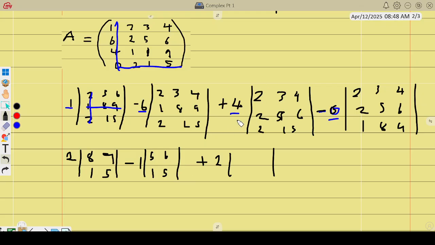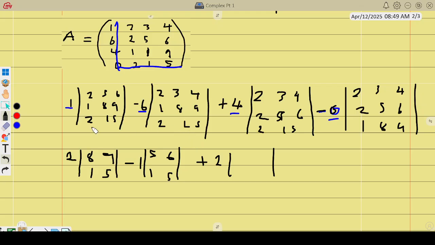Then we come to 2, the last one here. When we cancelled on 1, we remained with 5, 6, and 1, 5.